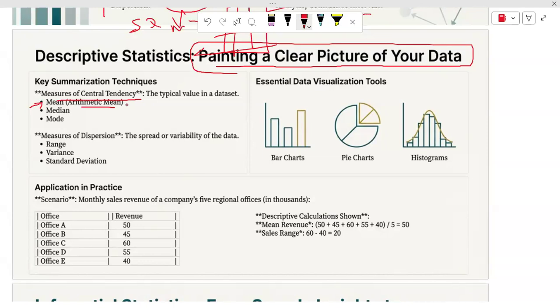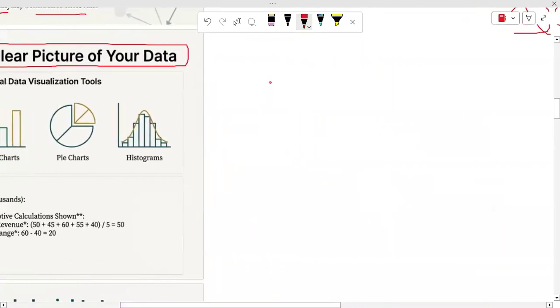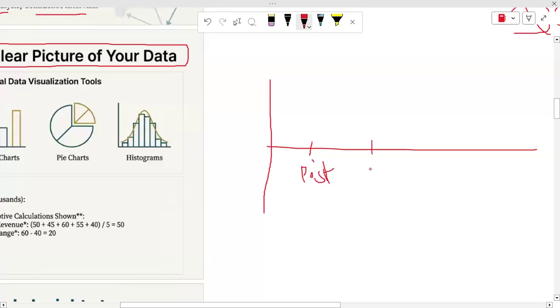For example, when you post a video on YouTube or a post on social media, this is a timeline. This is post one, post two, post three, post four, post five.